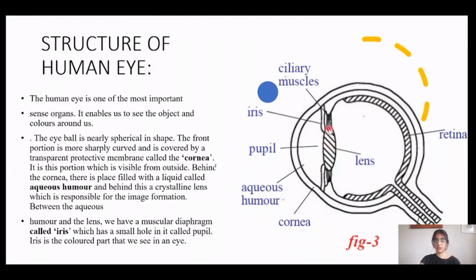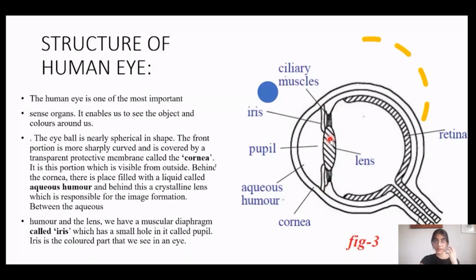Between the aqueous humor and the lens, we have a small muscular diaphragm, which is this. It's called the iris, which has a small hole called the pupil. Usually that pupil appears right in the center of the eye lens. It is this iris that has this pupil, and it is the colored part that we see in the eye.